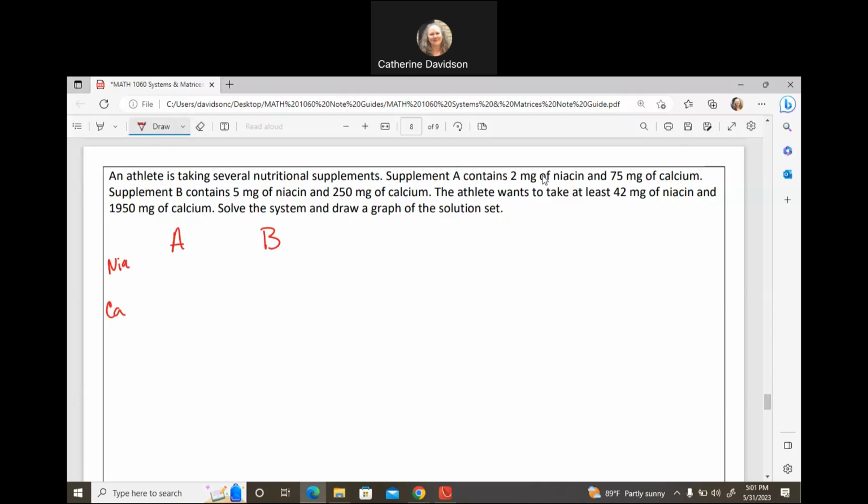Supplement A has 2 milligrams of niacin and 75 milligrams of calcium. Supplement B has 5 milligrams of niacin and 250 milligrams of calcium. They want to take at least, so what they take is on the left, has to be greater than or equal to 42 of the niacin and 1950 of the calcium.